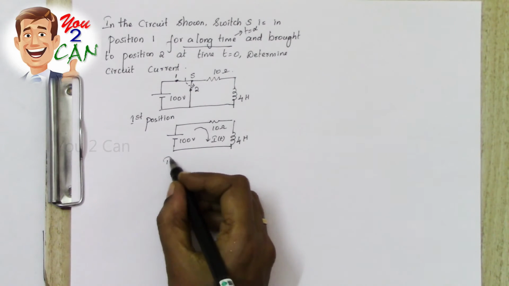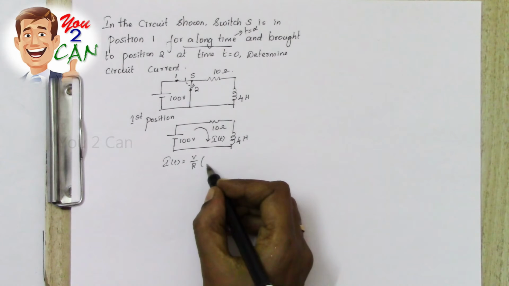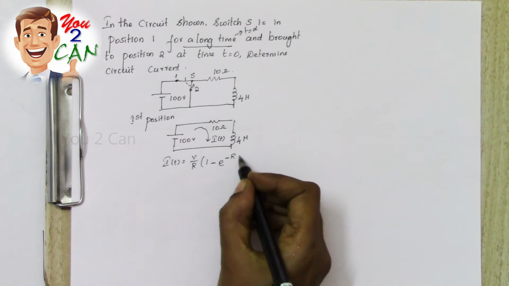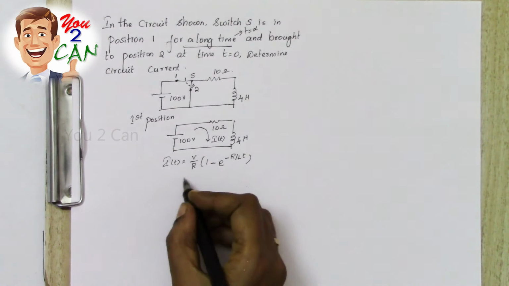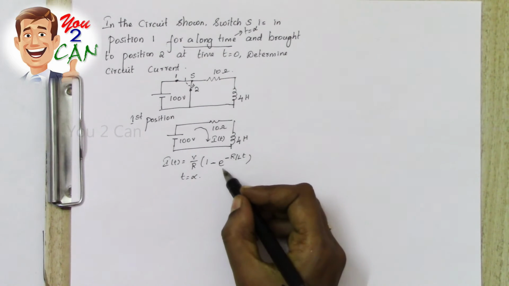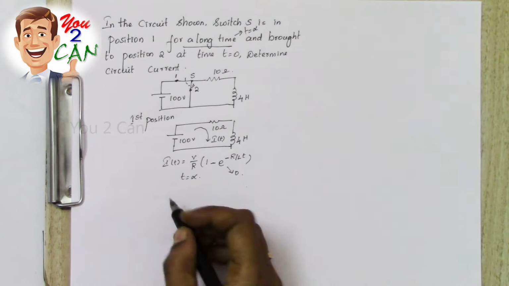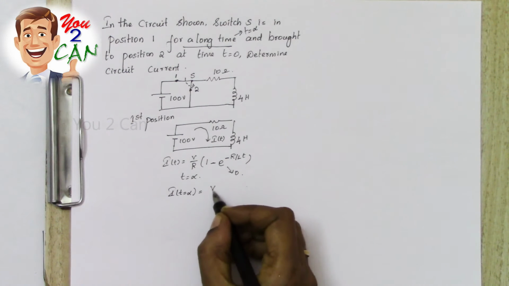The current will be V by R into 1 minus e power minus R by L t, and after a long time, at t equal to infinity, this e power term will become 0. So i of t at infinity will be V by R.